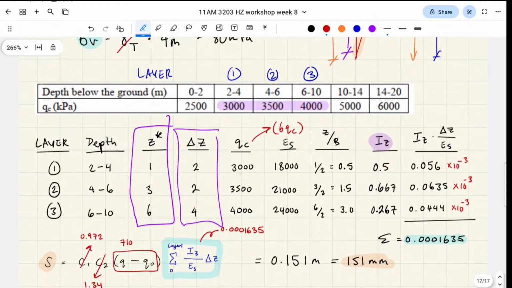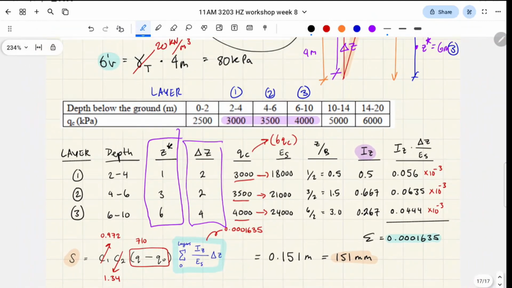So we literally just get this number multiplied by 6, get this number multiplied by 6, get this number multiplied by 6 to get ES, which is our elastic modulus of the soil. Z over B is like an intermediate calculation, but B doesn't change. B is the width of our footing, which is 2. So all we're doing is getting Z star, which is 1, 3, and 6, and dividing it through by 2 in order to get these numbers.